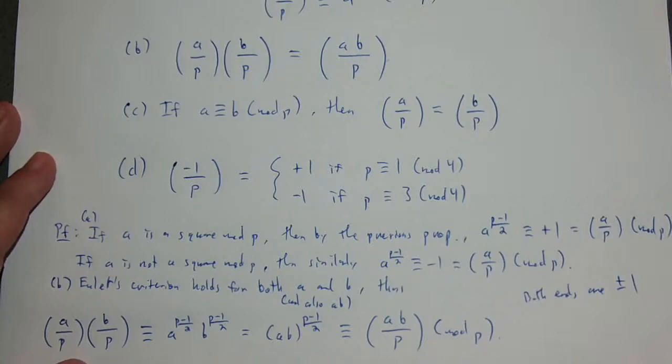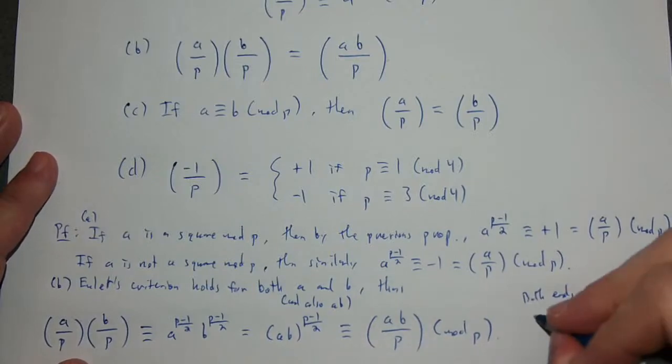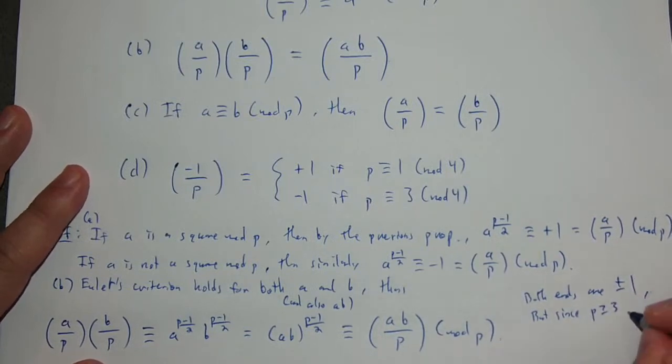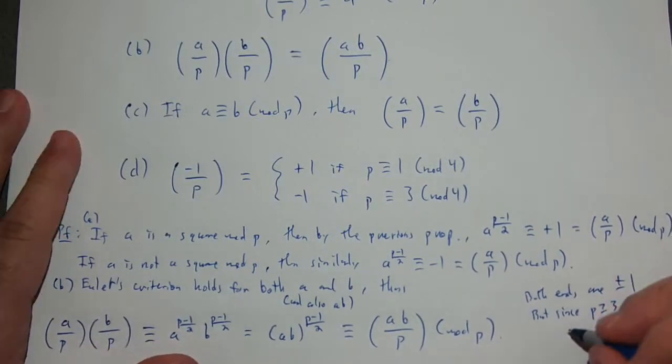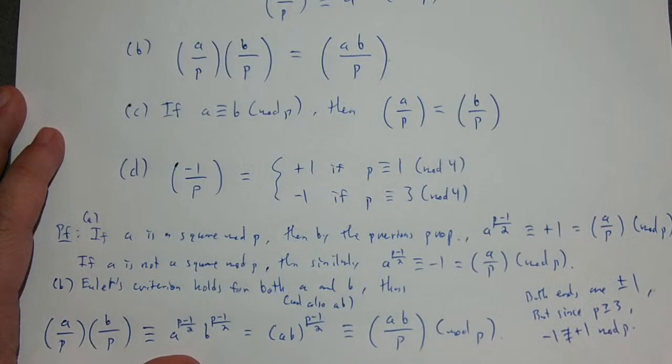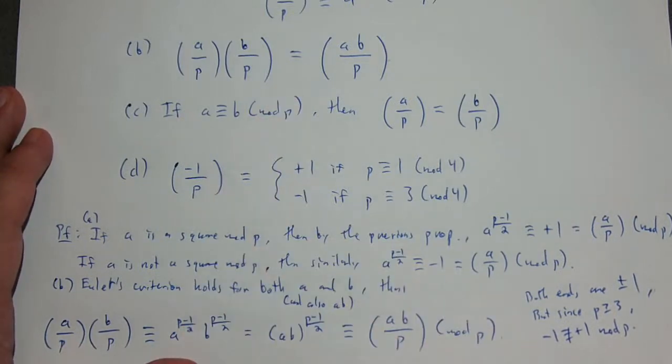Because P is an odd prime, so it's at least 3, since P is at least 3, minus 1 is not congruent to plus 1 mod P. So the only way that this congruence can happen is if they're in fact equal.